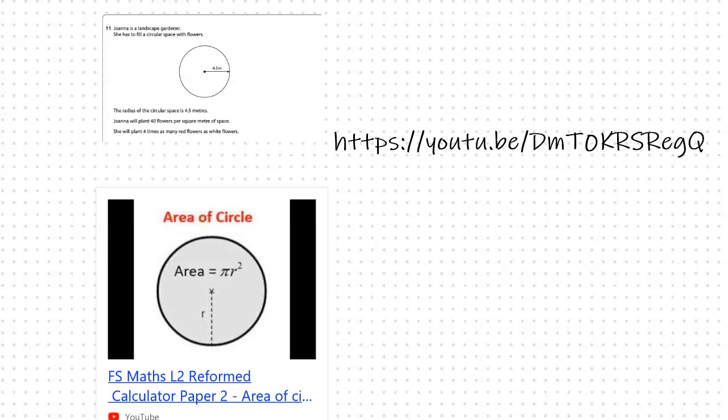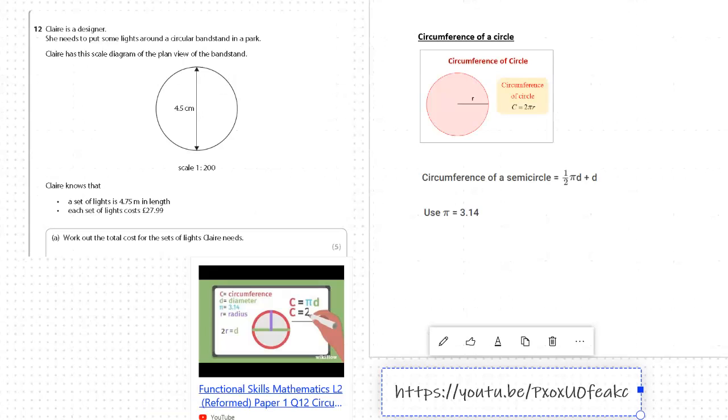An example where they've asked you to know the area of a circle but not given it is shown on the screen. So you need to work out the area of a circle, pi r squared, but if you don't know it beforehand, you're going to struggle with the question. I haven't answered the question here, but if you click on the link or type in the URL, it will go to that question for an explanation. Circumference of a circle, so we've got the formula there, 2 pi r.